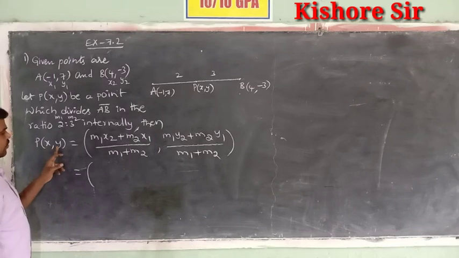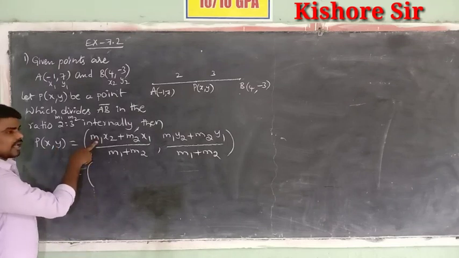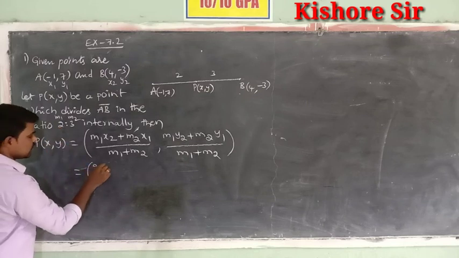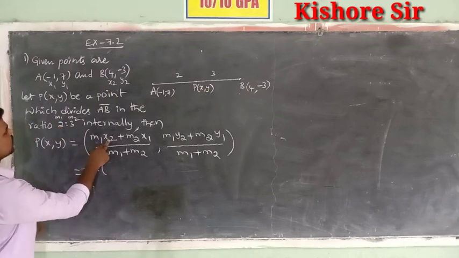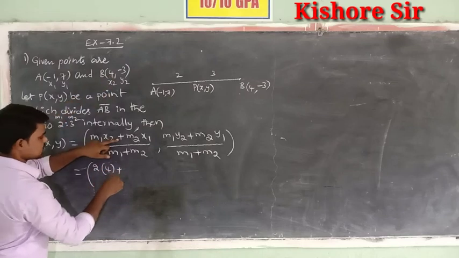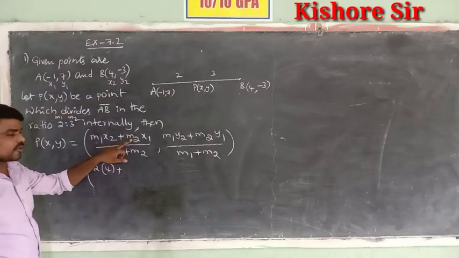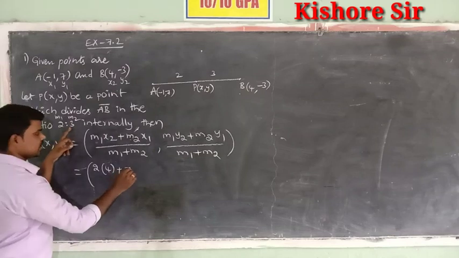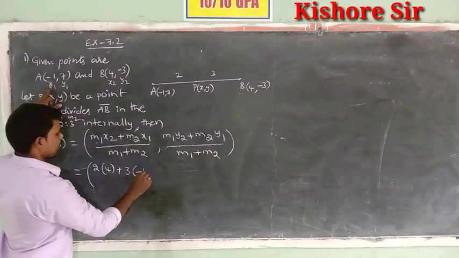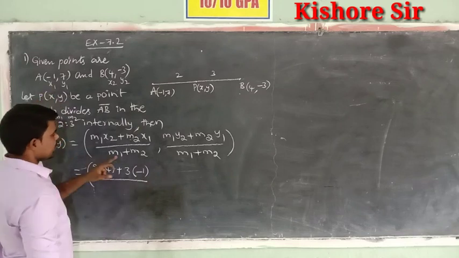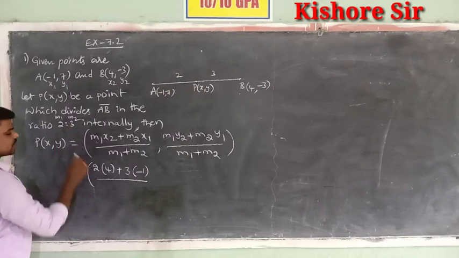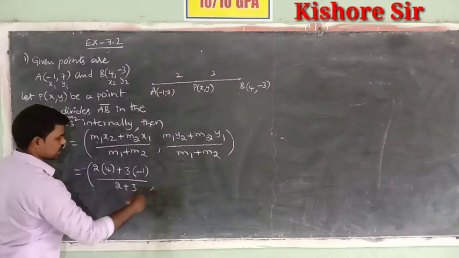P of x comma y is equal to 2 into x2, the value of x2 is 4, plus 3 into x1, x1 value minus 1, by m1 plus m2, 2 plus 3, comma.